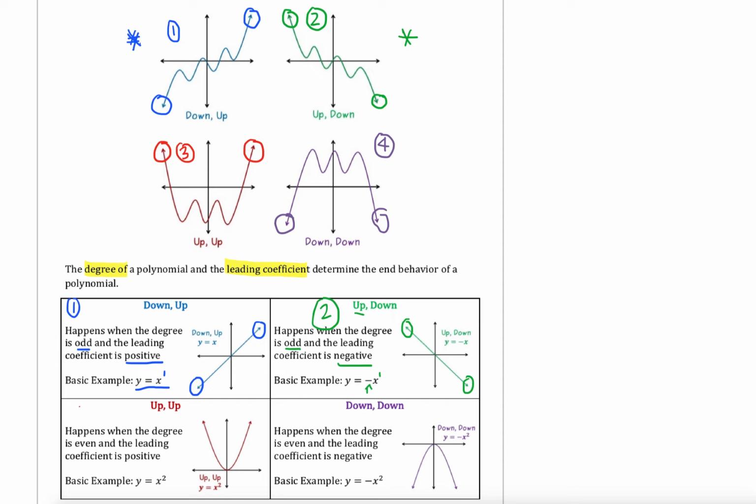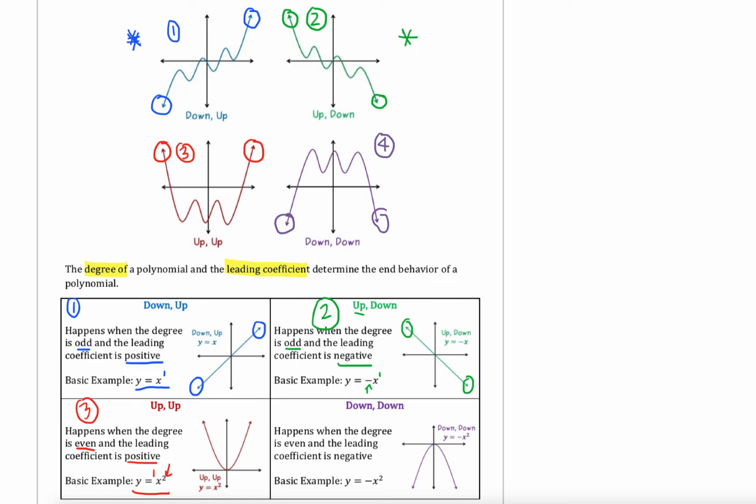Now if we look at our third case of being up and up, that happens when our degree is even and our leading coefficient is positive. Now the most basic example of this would be our quadratic function y equals x squared. And here I can see that my degree is even since my degree is 2 and my leading coefficient is a positive 1. And we know this graph from our last unit.